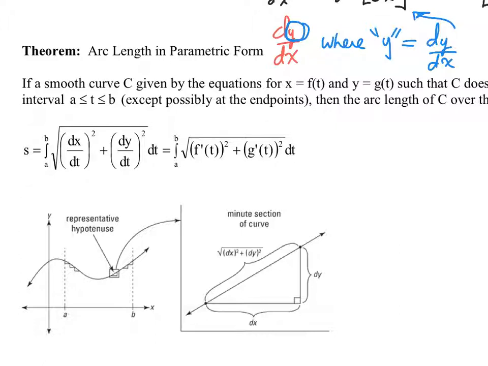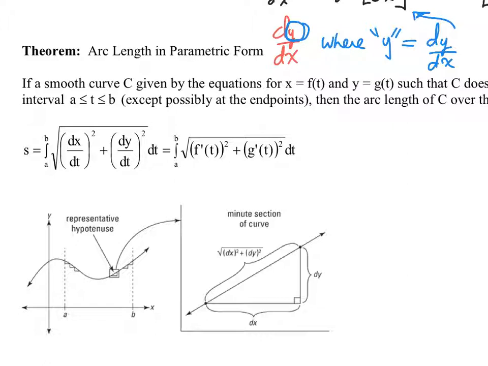So the larger the circle, the less curvy it is. Later on in the course, we're going to learn how to compute the curviness of a function, which is pretty cool, called curvature. But if you have a circle with a very small radius, that's very curvy.